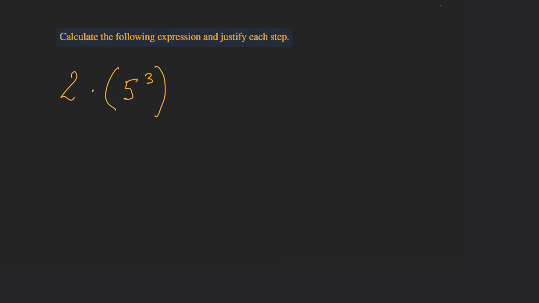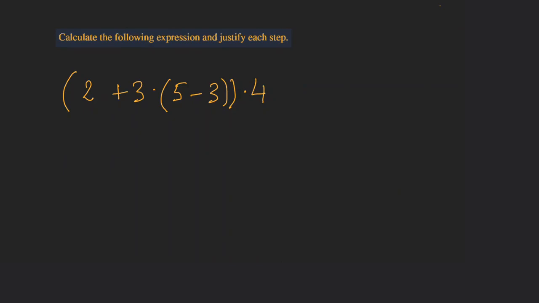Resolving the parentheses first, we get 2 times 5 cubed, 5 cubed is 125, which is 250. Note that the parentheses here are not needed because powers have priority over multiplication.